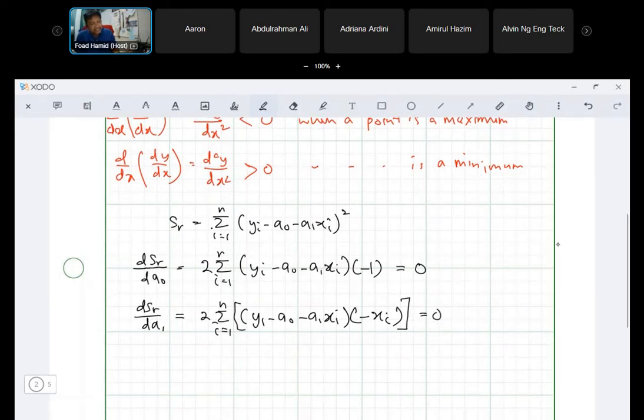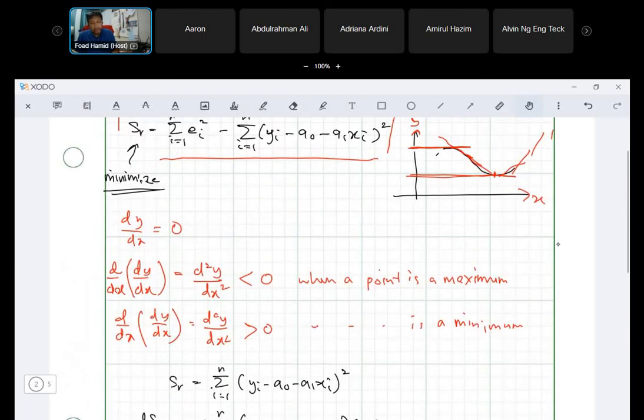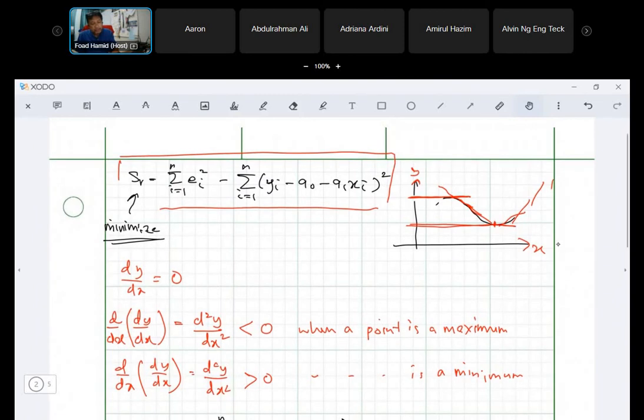This is telling us that the slope at that point with respect to a0 is equal to 0, and the slope at that point, which is our minimum point, with respect to a1 is also equal to 0. This is what we learned from this curve just now: the gradient must equal 0.